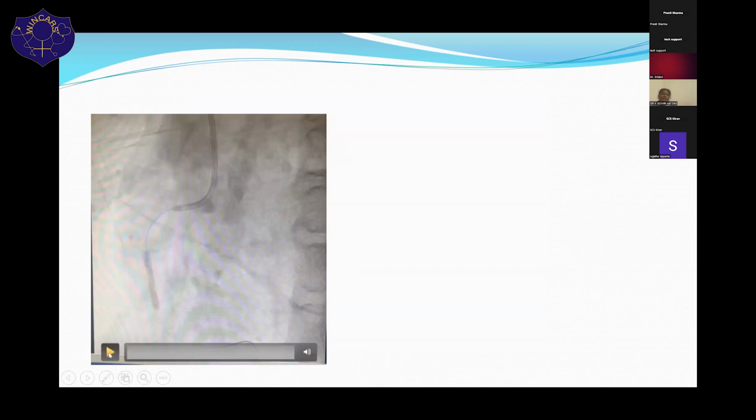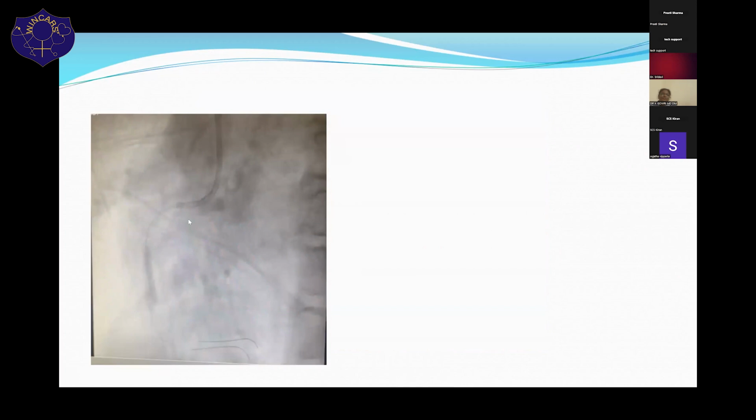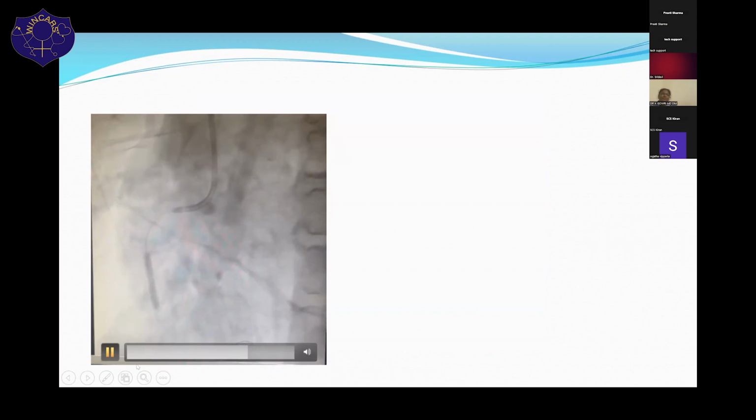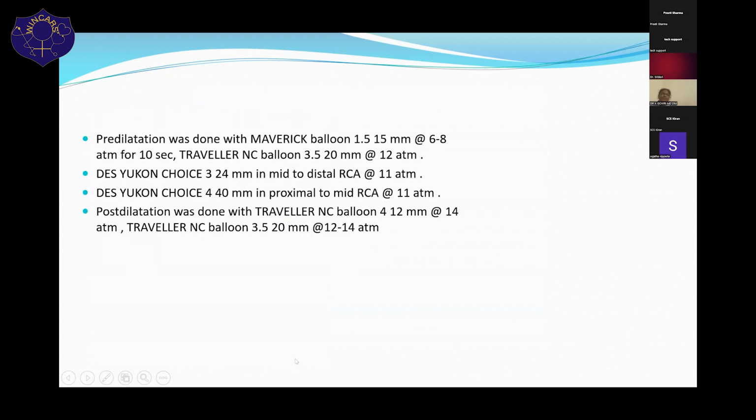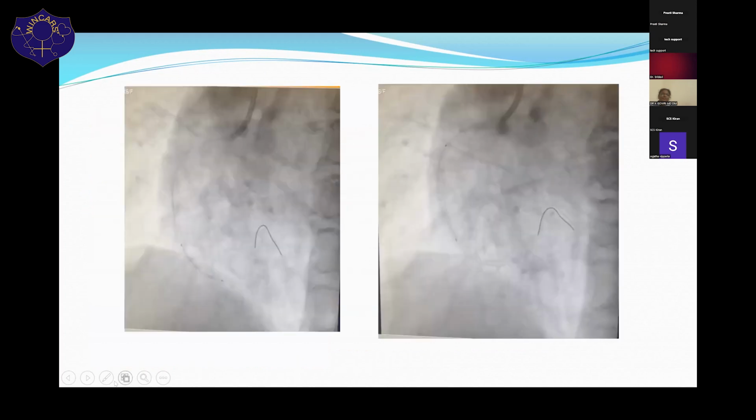So after OCT run, we pre-dilated the lesion with a 3.5 20 NC balloon, and then we stented distal RCA with a 3.5 24 Yukon Choice sirolimus eluting stent.